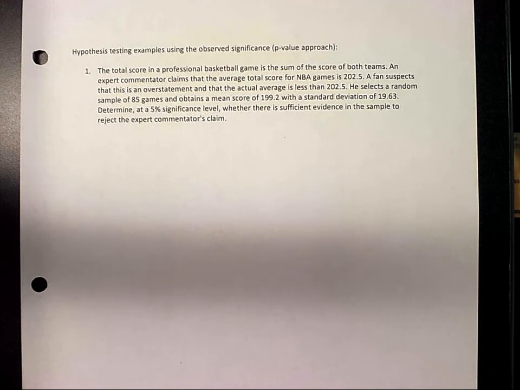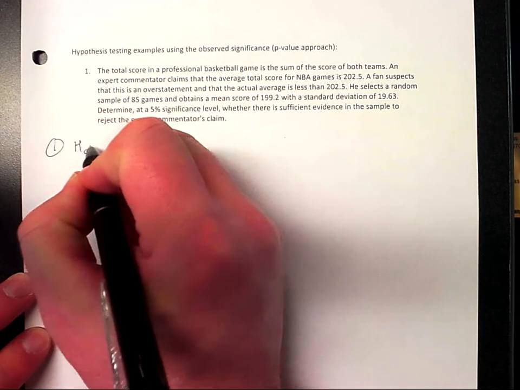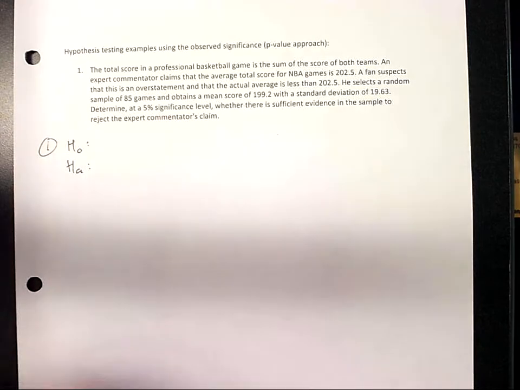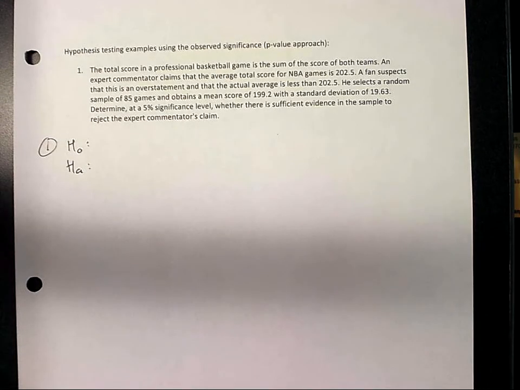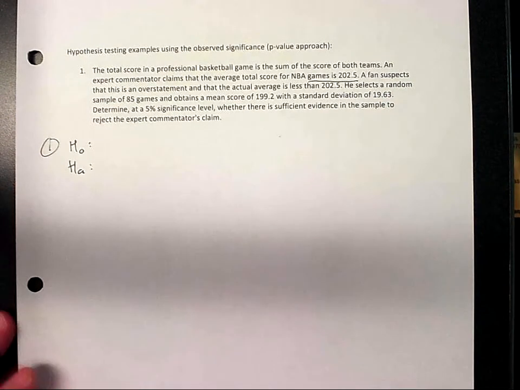First things first, how do we know that this is a Chapter 8 question? Cool. We're looking at some kind of claim, right? And whenever we're doing a Chapter 8 question, we're going to state our null and our alternative hypotheses. Whenever we state them, we ask ourselves three questions. The first question is, is there a statement which contains equality? Technically, the claim that the average total is 202.5.